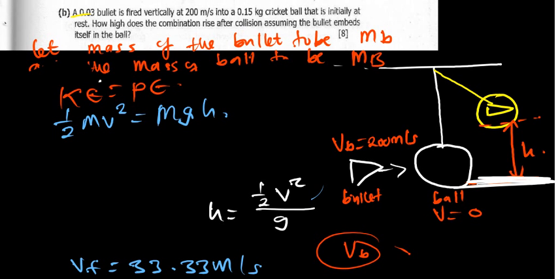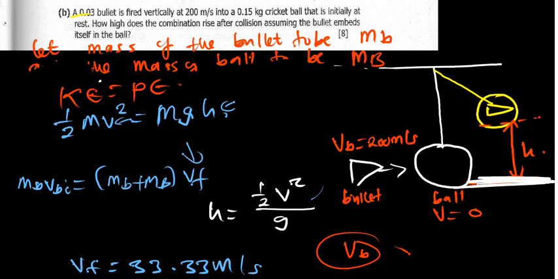So from our formula, m_b v_b initial plus, initially this was at 0, is equal to this. Since you're given the h, you first find the velocity. That velocity is the same as the velocity there, so you plug in that velocity and then find the velocity of the bullet.